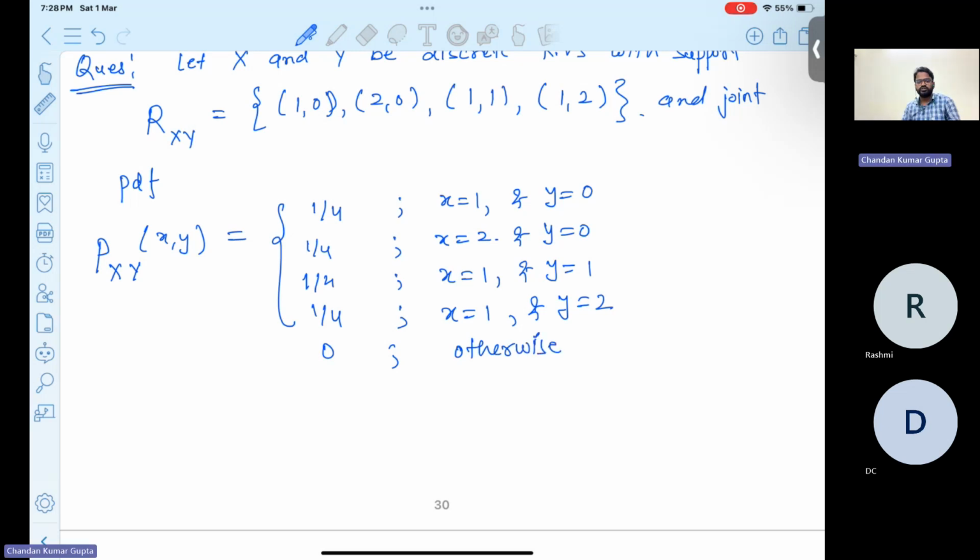This is how the joint probability mass function is defined.